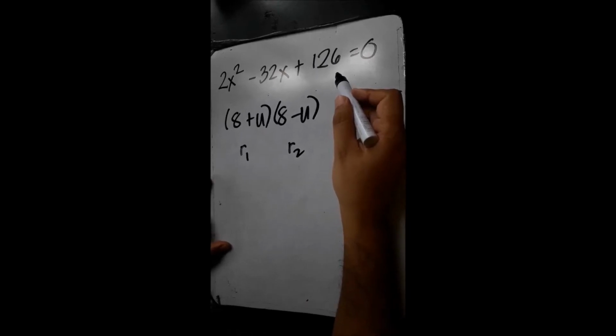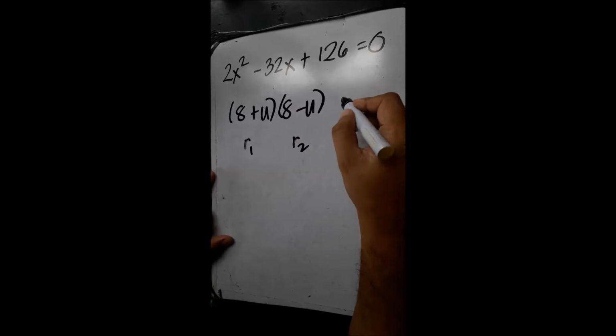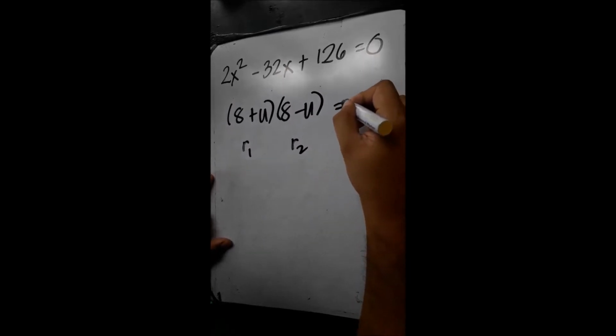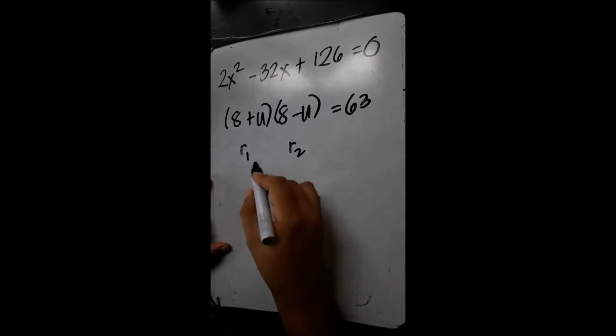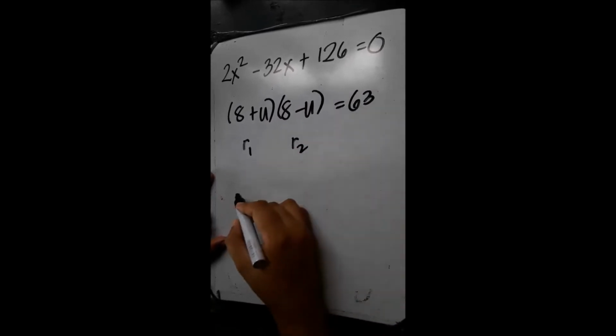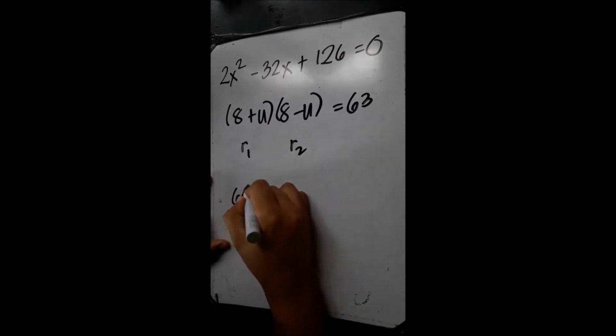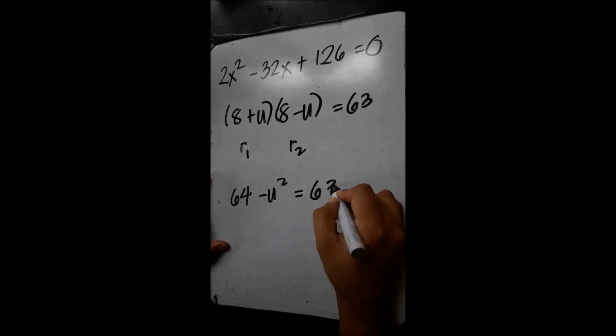Earlier we had 63 because we divided all by 2, so we can equate this to 63. And multiplying 8 plus u by 8 minus u, this is a special product, the product of the sum and difference of two binomials. We get 64 minus u squared is equal to 63.